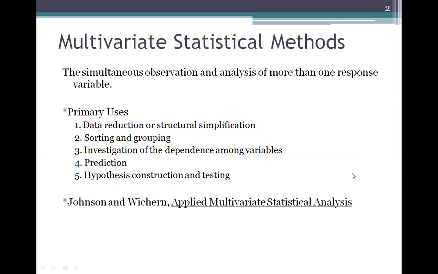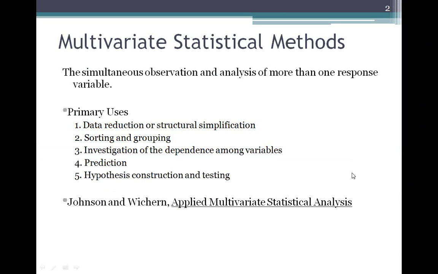The second primary use, and the one we're going to be talking about during today's webinar, is sorting and grouping. Taking observations that are defined by multiple variables and putting them into groups. Now, it's going to involve things like cluster analysis, discriminant analysis, neural networks, those sorts of procedures.